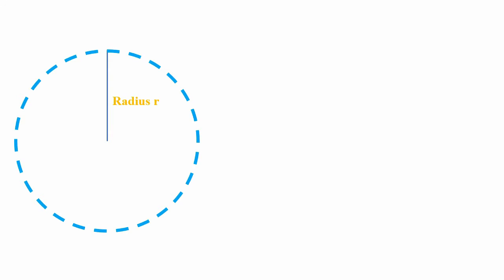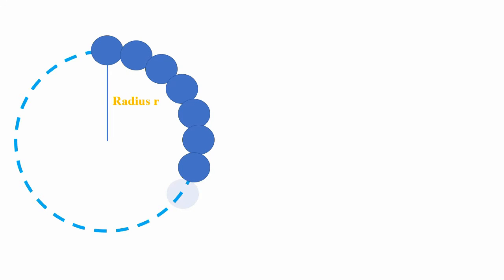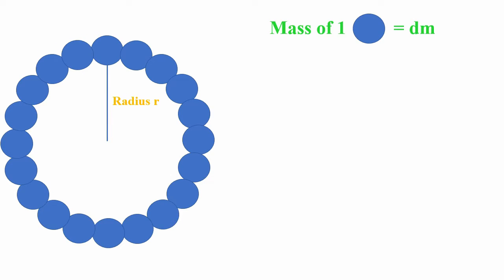Now we move on to a compound object, which is a ring composed of multiple point masses arranged along the circular path. If the mass of one of these point objects is dm, where the notation dm is used to denote a very small mass, then the moment of inertia of one point object can be written as dm r squared from the previous equation.